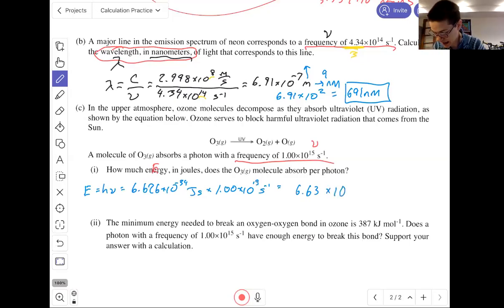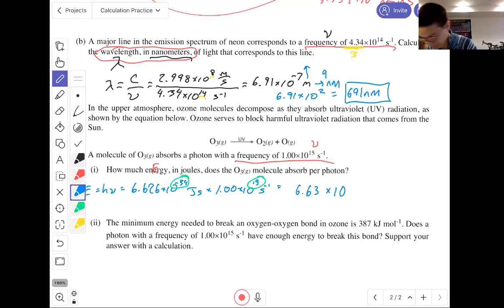But if I was doing this mentally, -34 and +15, what is that going to give me? Times 10 to the what? -19. Yeah, -19.